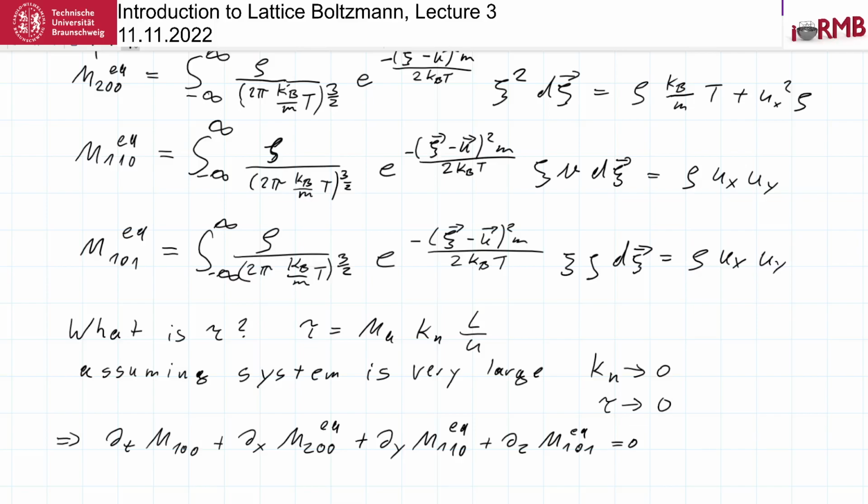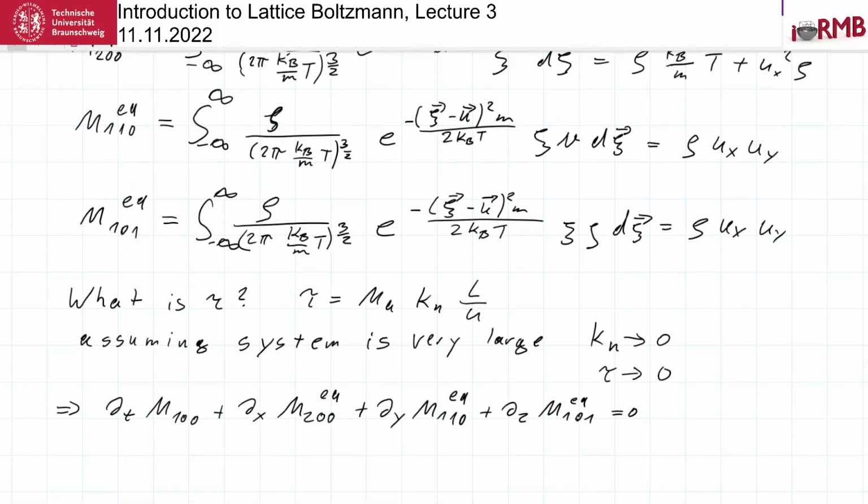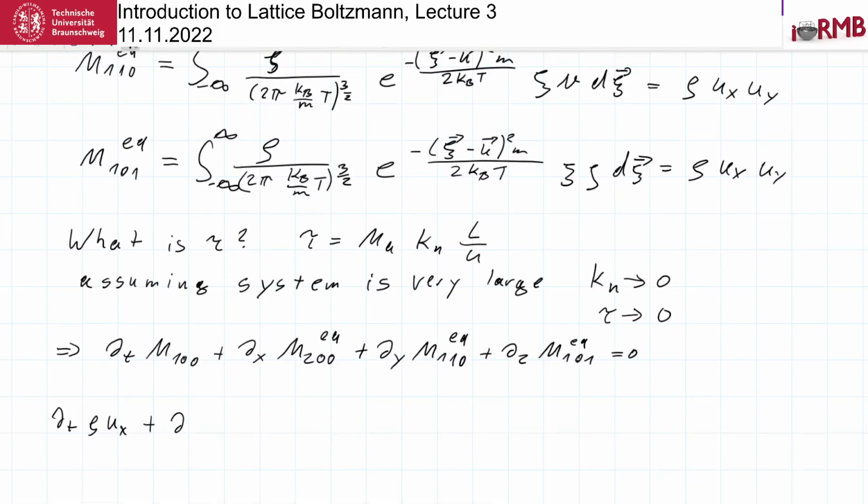Okay, now let us take the equilibria that we just computed and put them into our equation. So this is dt of rho ux, which is this guy, plus, okay, now comes this guy. This guy is dx of rho k Boltzmann divided by m times t plus ux square rho. This is what we just derived.